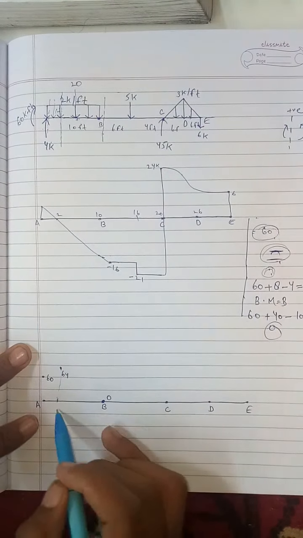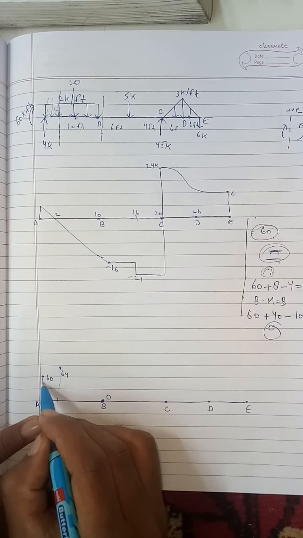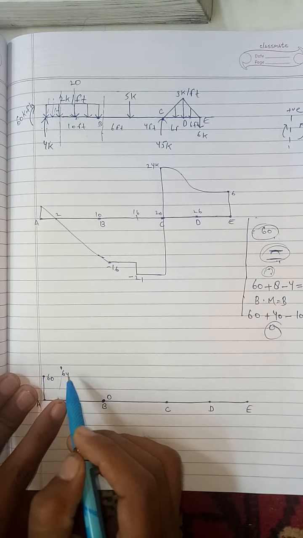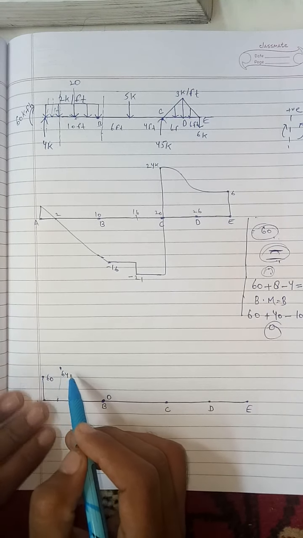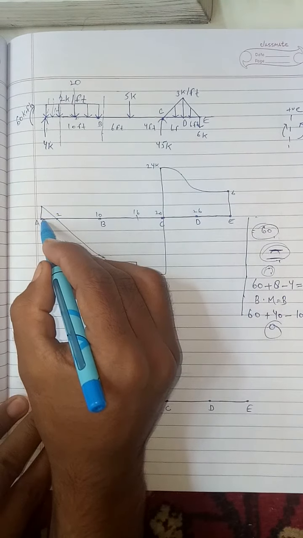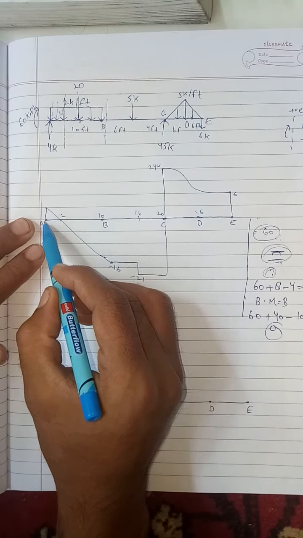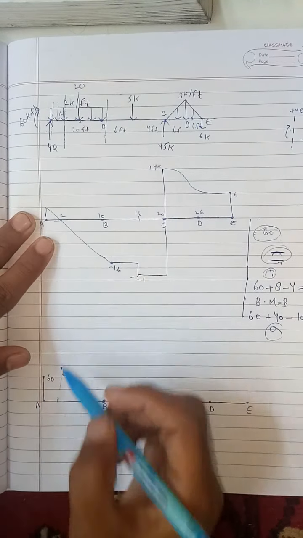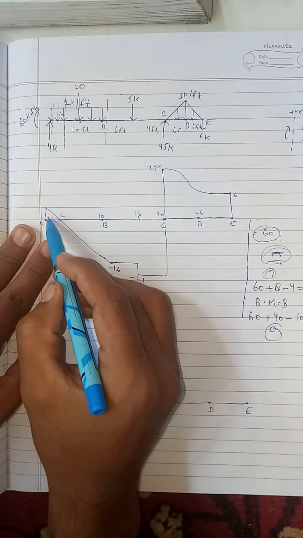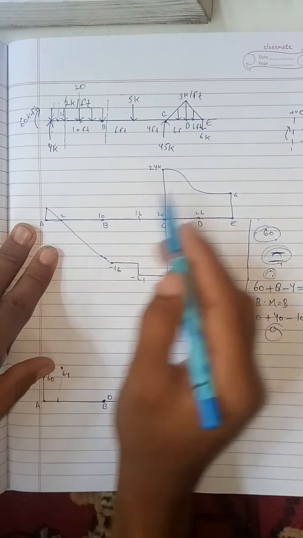Now first we will draw the bending moment diagram up to point B. Here at point A this is 60. Now at this point this is 64. Now we know the values, we have to determine the slope. For this we have to analyze the shear force diagram. The shear force from point A to this point, let me say Z, is positive because this is on the upper side of the x axis.